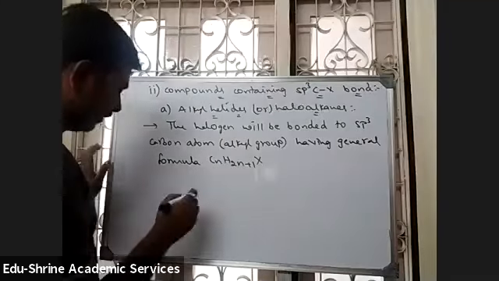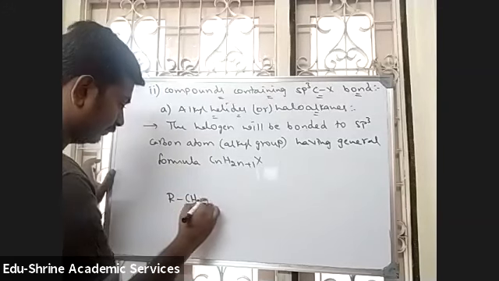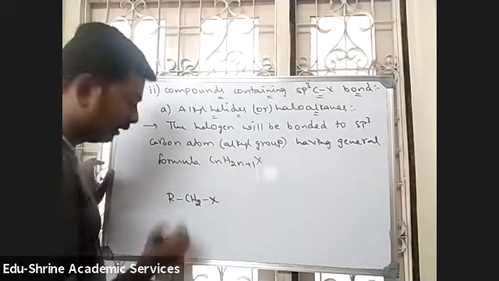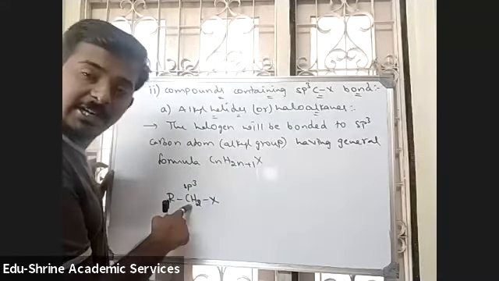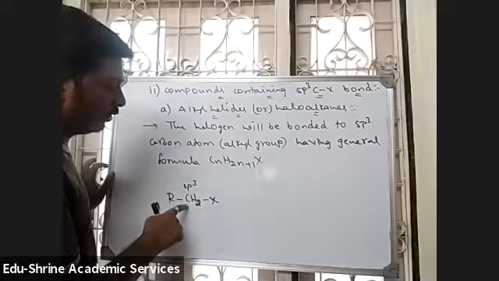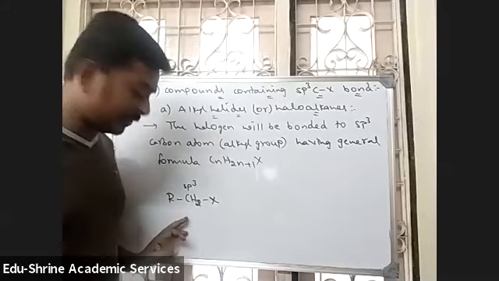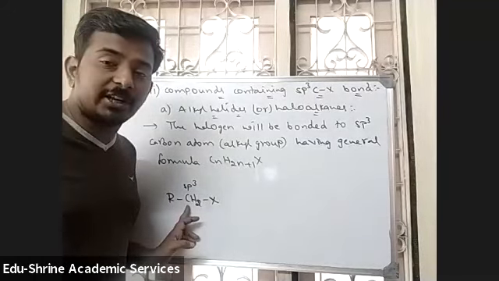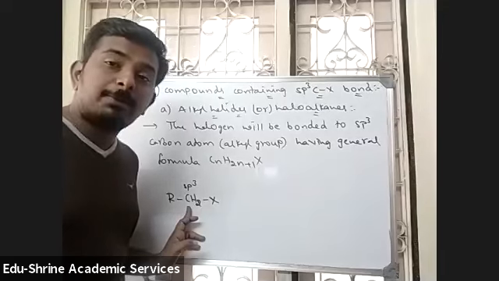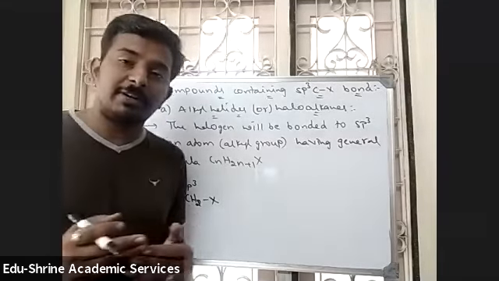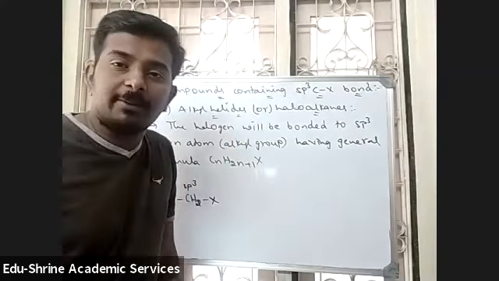For example, take the compound RCH2X. You can see that this carbon is sp3 hybridized, so the halogen is directly bonded to an sp3 hybridized carbon atom. This is an example of a haloalkane. What is the degree of this carbon atom, students? Primary, secondary or tertiary? Primary. If a carbon atom is bonded to only one other carbon atom, it is primary.